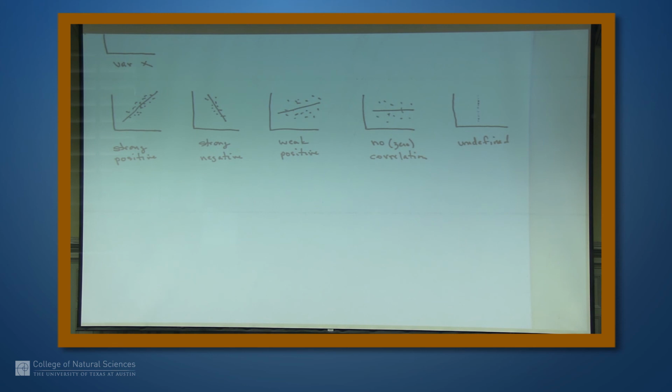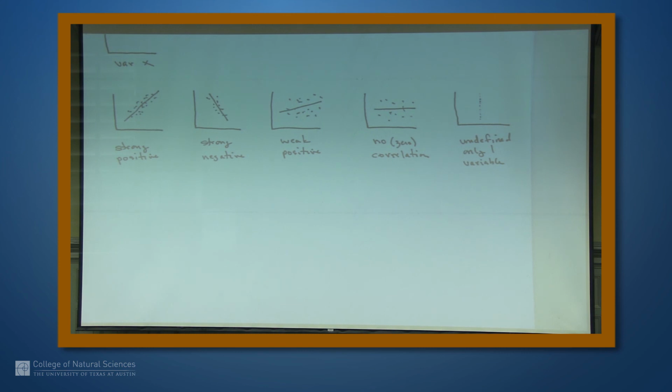To say no correlation, zero correlation are the same. But this other one, which might be the same because you could draw the line horizontal too, it's undefined because there's only one variable. And graphically that looks easy, but figuring that out from words may not be as easy.